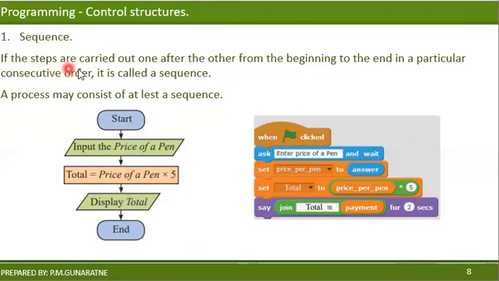If the steps are carried out one after another from the beginning to the end, this is very important, from the beginning to the end, not from end to beginning, downwards, in a particular consecutive order, it is called a sequence. A process may consist of at least a sequence. That means when it comes to a process, there should be at least one sequence. There can be more, but at least one.